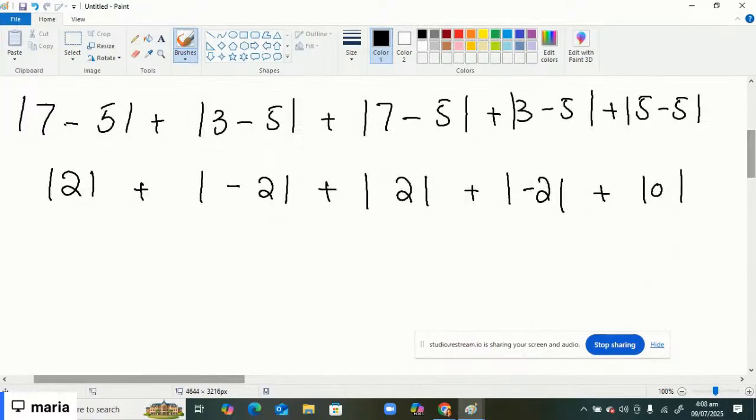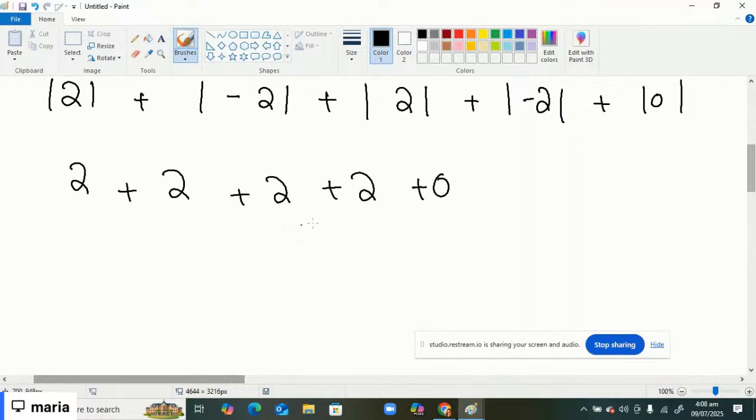Absolute means any number that is negative, you turn it into a positive number. So this negative number we convert into positive. This is positive, and then that should be 0. So now 2, 4, 6, and 8. So here the answer is 8.